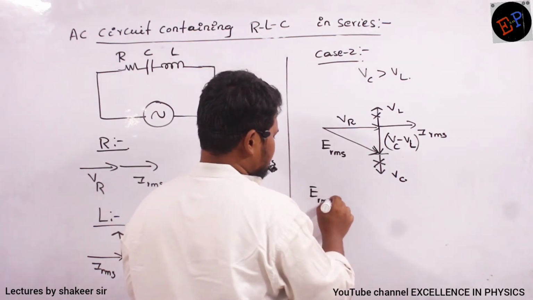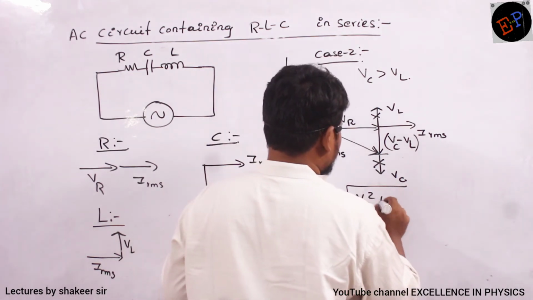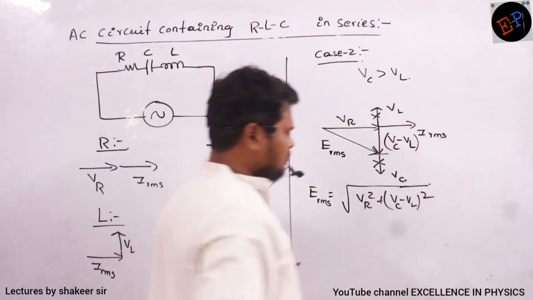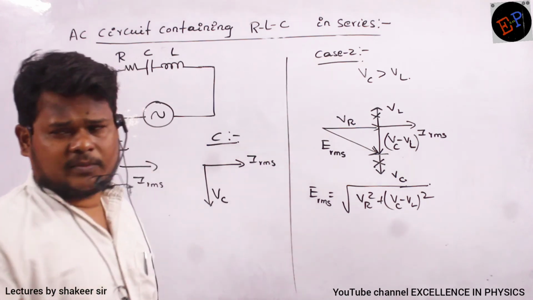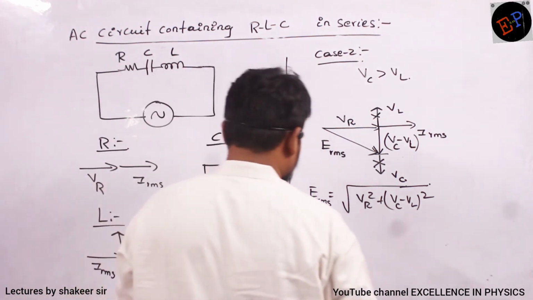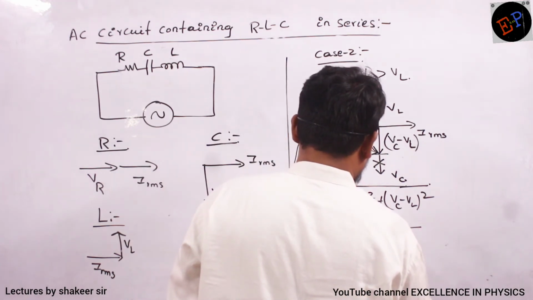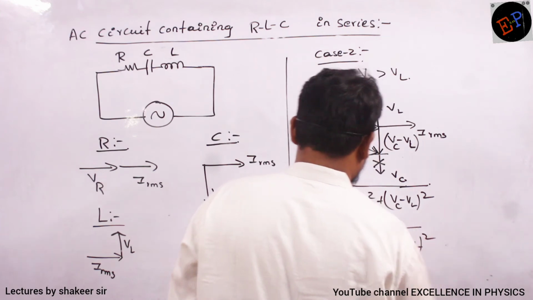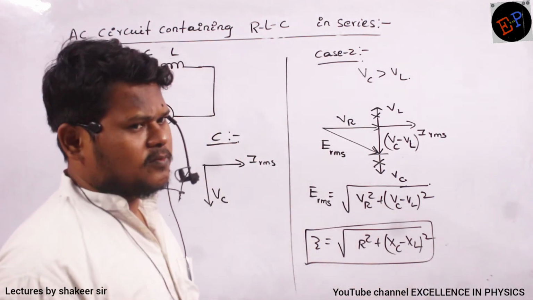So supply voltage is equal to square root of VR square plus VC minus VL whole square. Now again, if you take I common, then Z is equal to square root of R square plus XC minus XL whole square. Clear? Now here which one is leading which one?